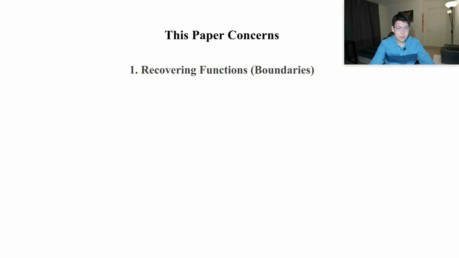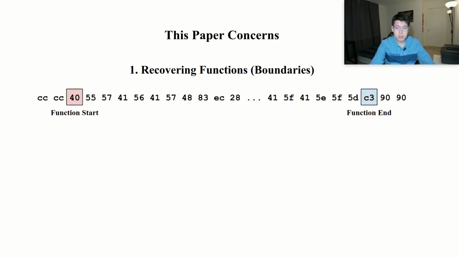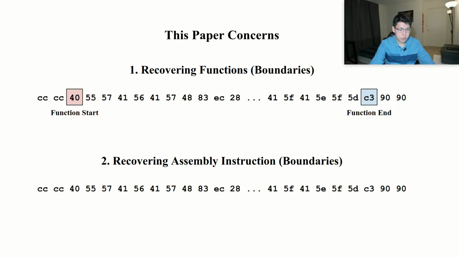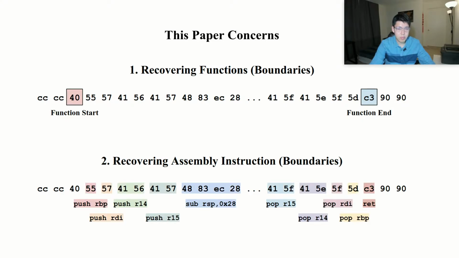The first task is to recover function boundaries. For example, given a sequence of raw bytes of a binary program, we aim to identify the function boundaries, such as the function start and its corresponding function end. The second task is to recover assembly instructions. Similarly, given a sequence of raw bytes of a binary program, we aim to recover the corresponding assembly instructions.